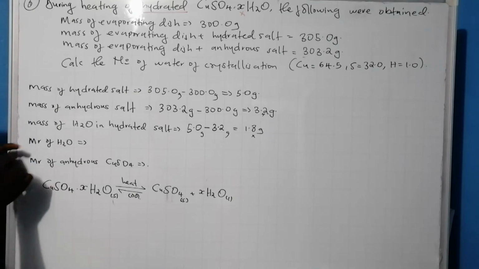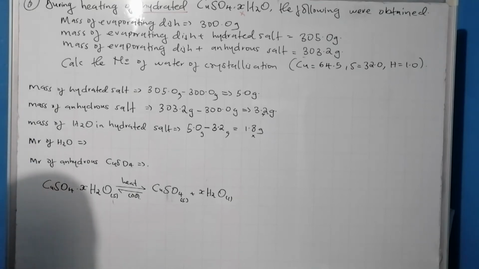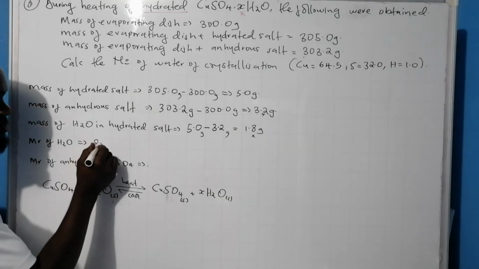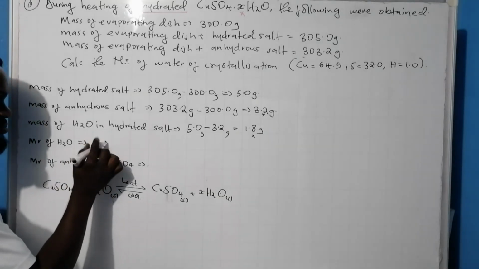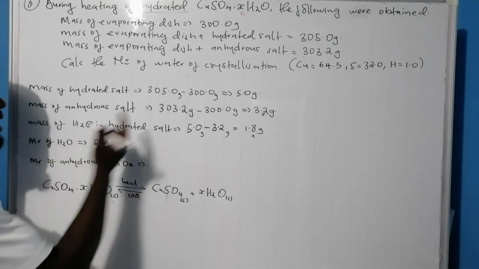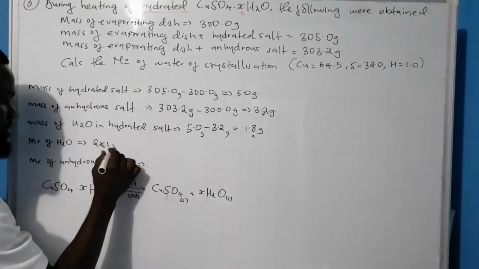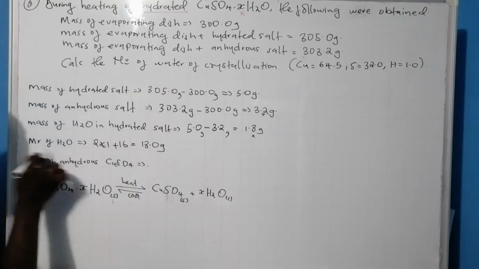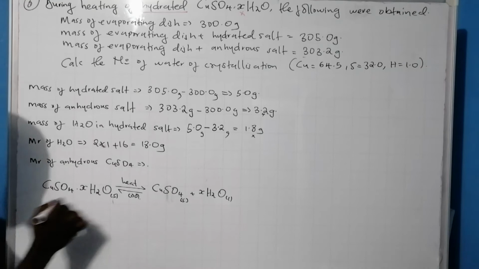Now, MR represents the molar mass of water. And how do I calculate the molar mass of water? Hydrogen is 2 times 1, because the molar mass of hydrogen is 1, and then plus 16, the answer will be 18.0 grams of water. How about molar mass of copper 2 sulfate?